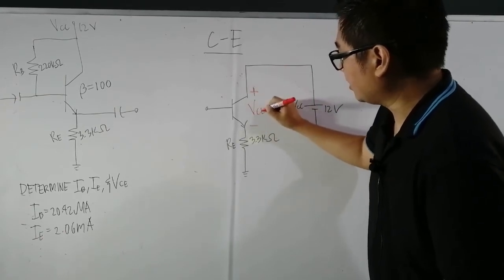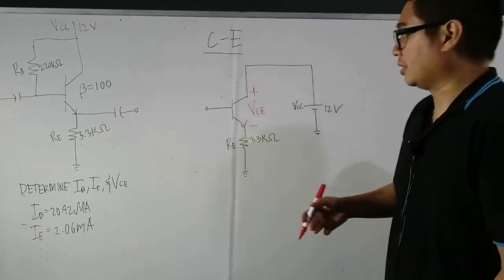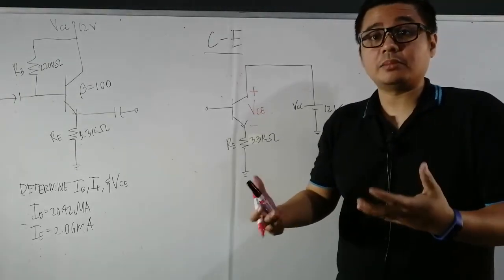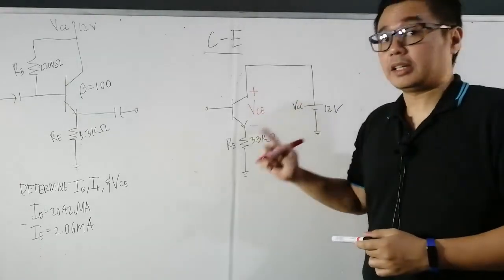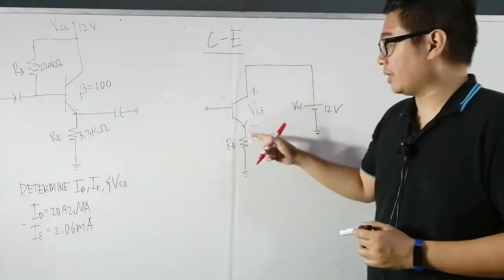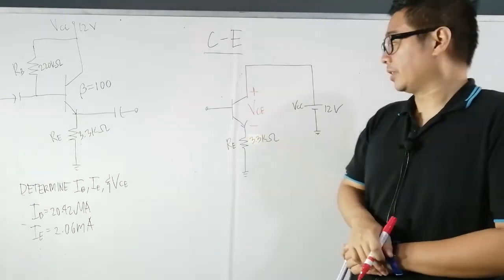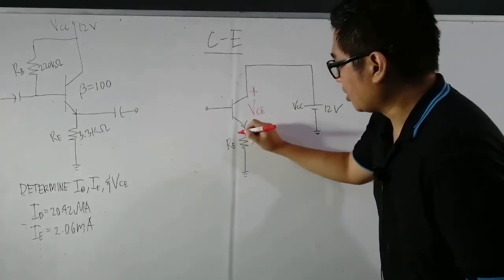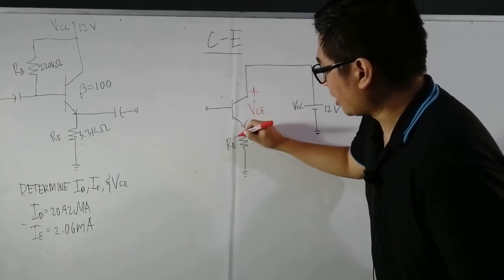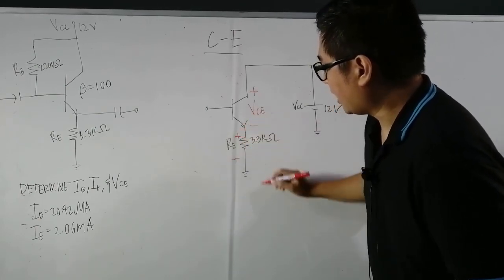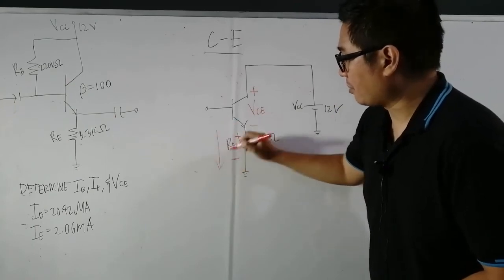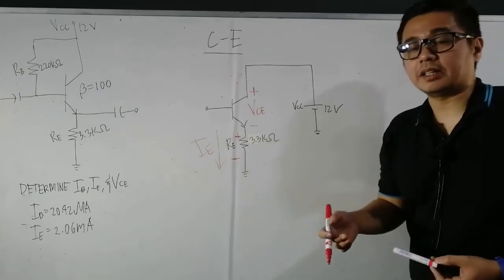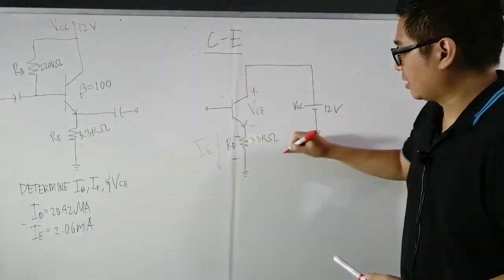This is your VCE, which is the output voltage for the common emitter and the common collector. Pero yung output kasi natin, kinukuha talaga natin yung AC, yung nakuha natin dito sa emitter side. Alright? And then we have plus and minus. Anong kuryente yung dumadaloy dito sa ating RE or sa R sub E? I sub E. Therefore, pababa yung ating I sub E. Alright? Now we have the induced polarities and the induced currents.